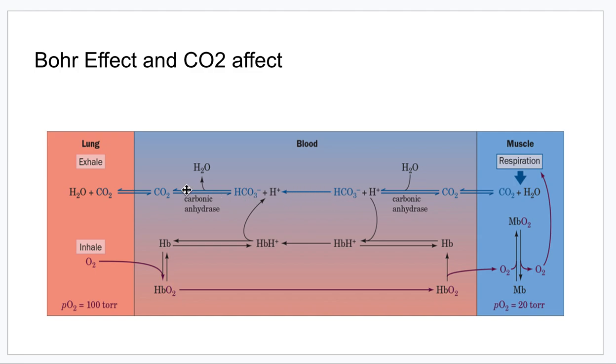So once you have that acidic blood building up, and once you get back to the lungs, this is when you're able to blow off your excess CO2 and inhale more O2 to keep a more neutral overall body pH.